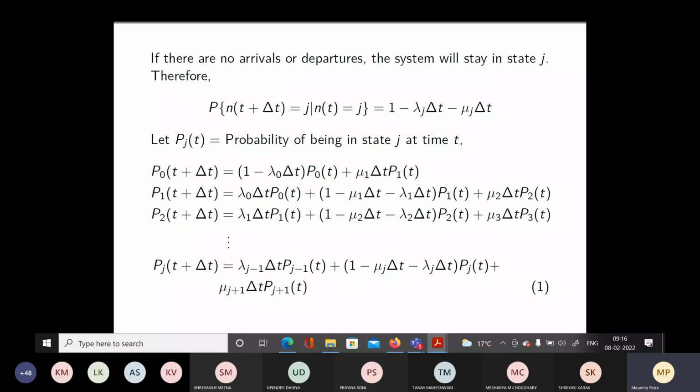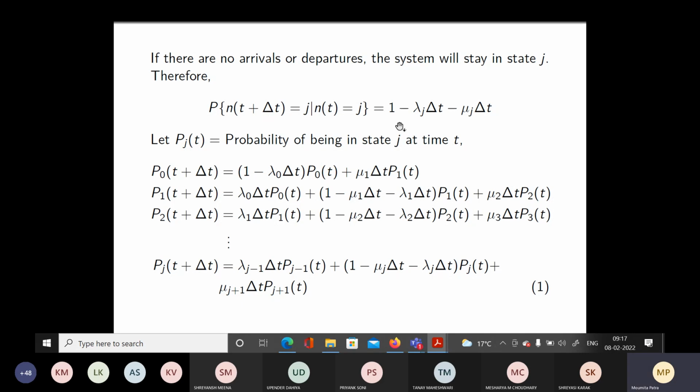Now if there are no arrivals or no departures, then the system will stay in state j. Okay, look at these values that we are having here, lambda j delta t, mu j delta t. I am sure if you go back to yesterday's analysis, you will find these values.